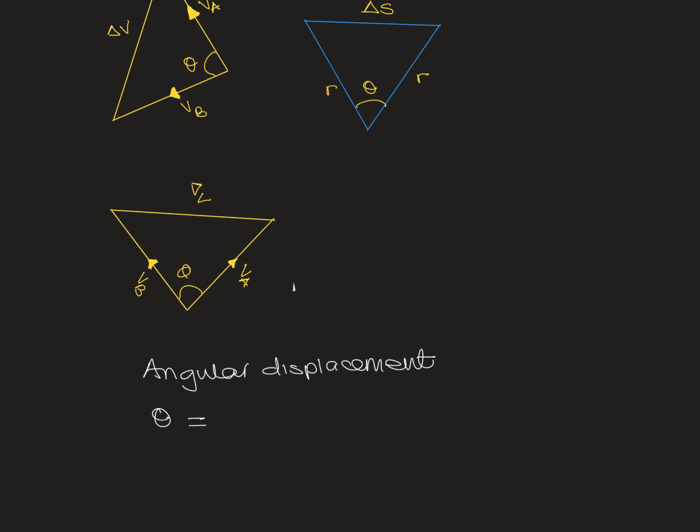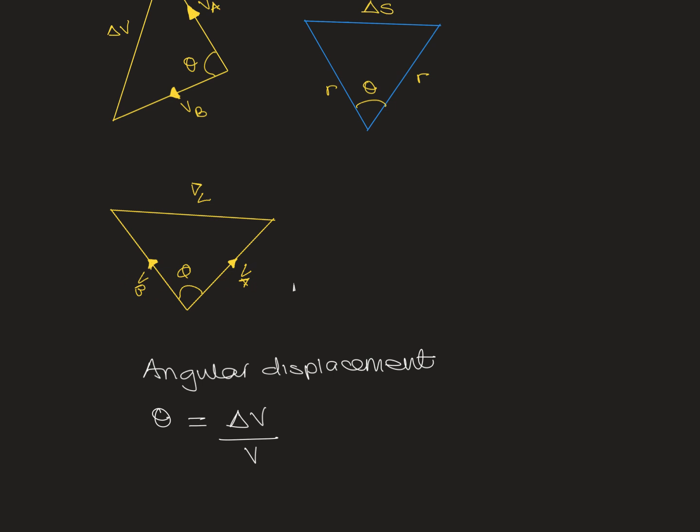theta could be equal to the change in the velocity divided by the instantaneous velocity. That is, if you are considering delta V divided by any of these. Whether you divide by VA or VB, it is the same as V, because the magnitude of the velocity does not change.